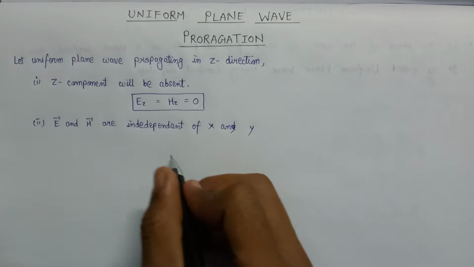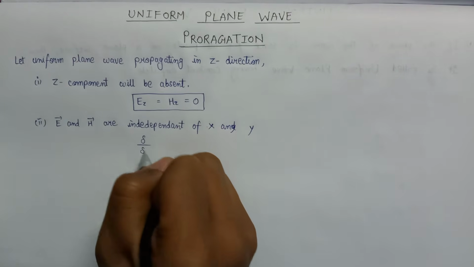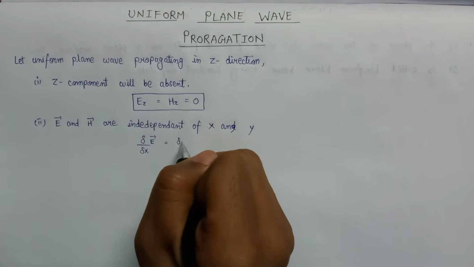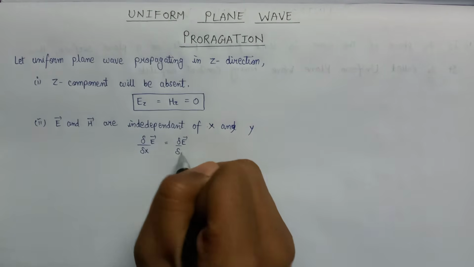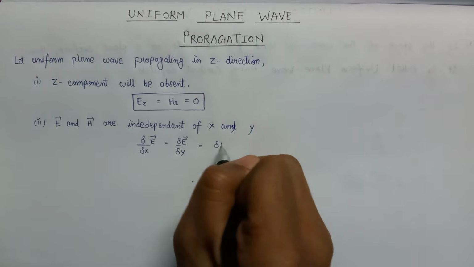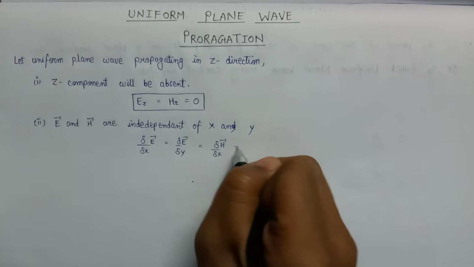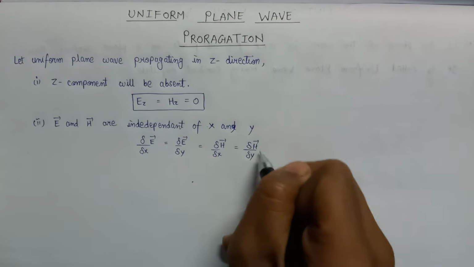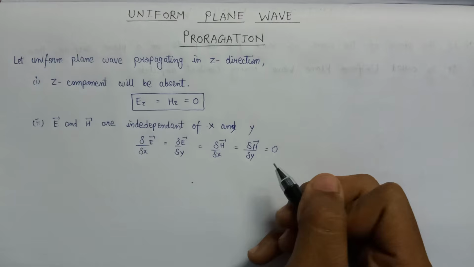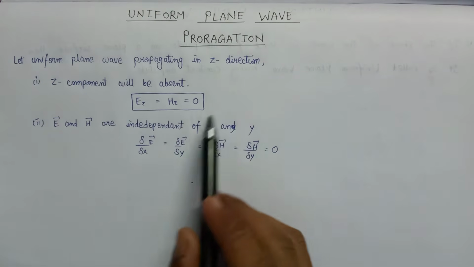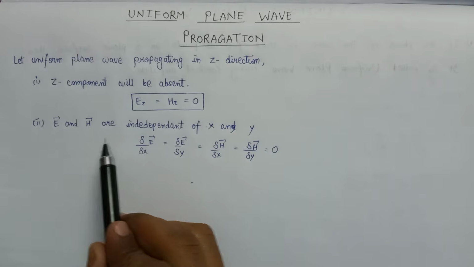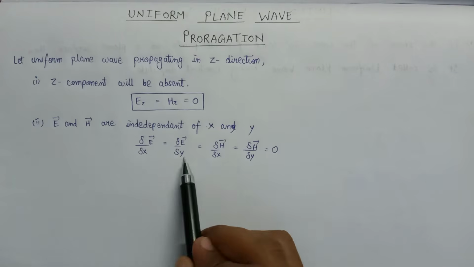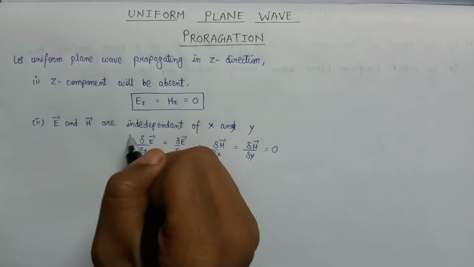So this can be termed as del E over del x is equal to del E over del y is equal to del H over del x is equal to del H over del y is equal to 0. Since it is propagating in the z direction, there is no variation with respect to x and y direction, and all the derivatives associated with x and y direction are equal to 0.